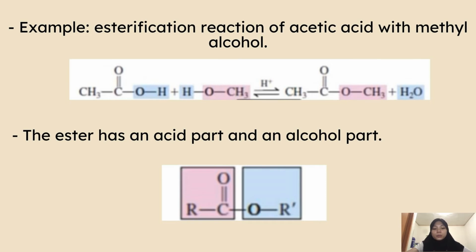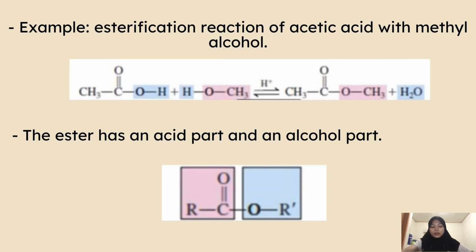So the mechanism will be the OH from the acid part, or the acetic acid, and the hydrogen from the alcohol will come together or bind together to form water. And with this open bond here as well as in this part of the alcohol, they will form a linkage and produce the ester.